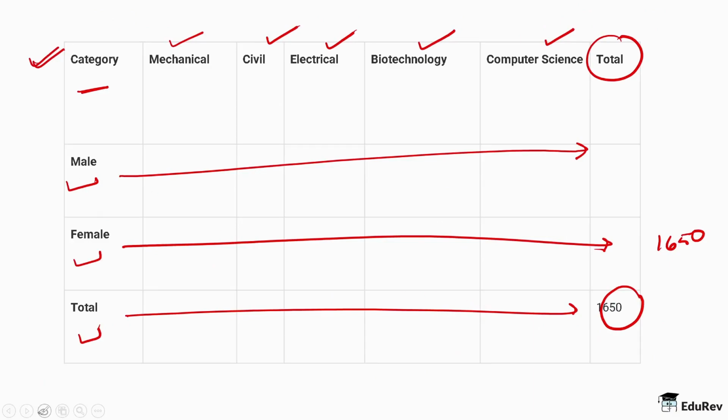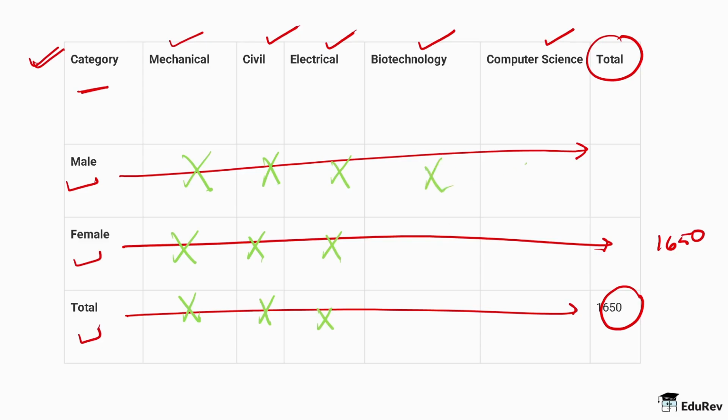Now our next step has to be that we link all the information that is provided in the caselet with this data. That is, I need to find the number of males in mechanical, then females in mechanical, and the total in mechanical. Similarly, in civil as well, I need to find the number of males, females, and total. Then we will find for electrical, that is males, females, and total.